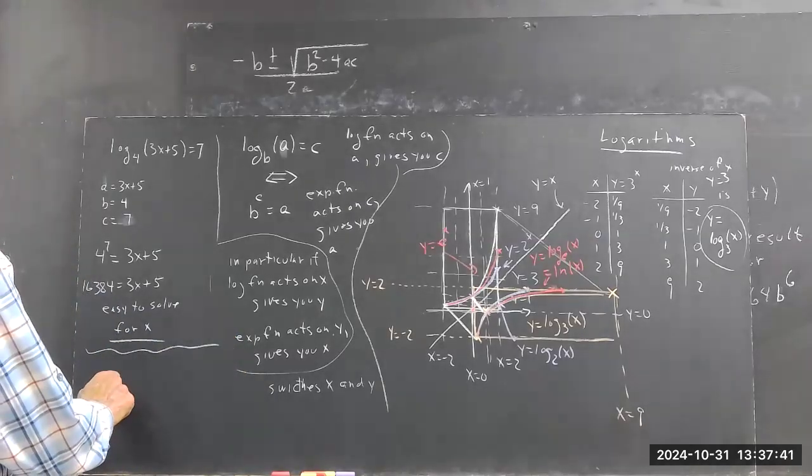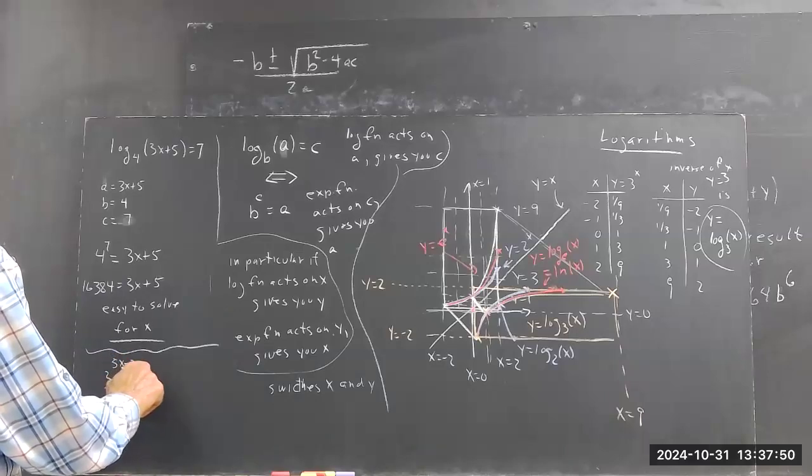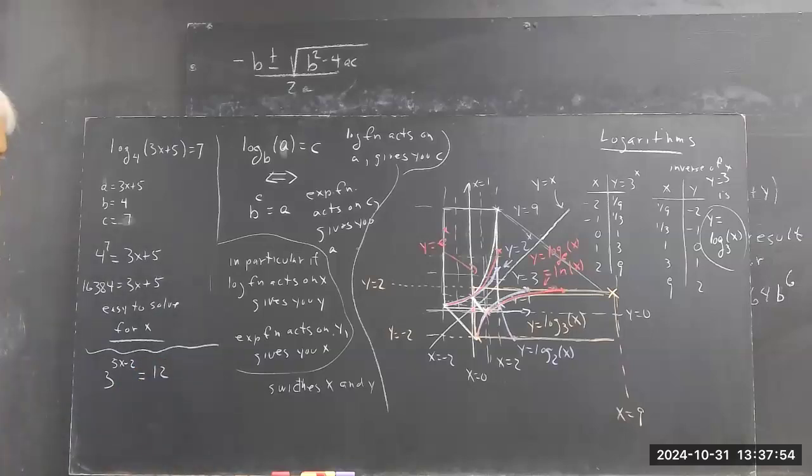Okay, similarly, let's try three to the 5x minus 2 equals 12.